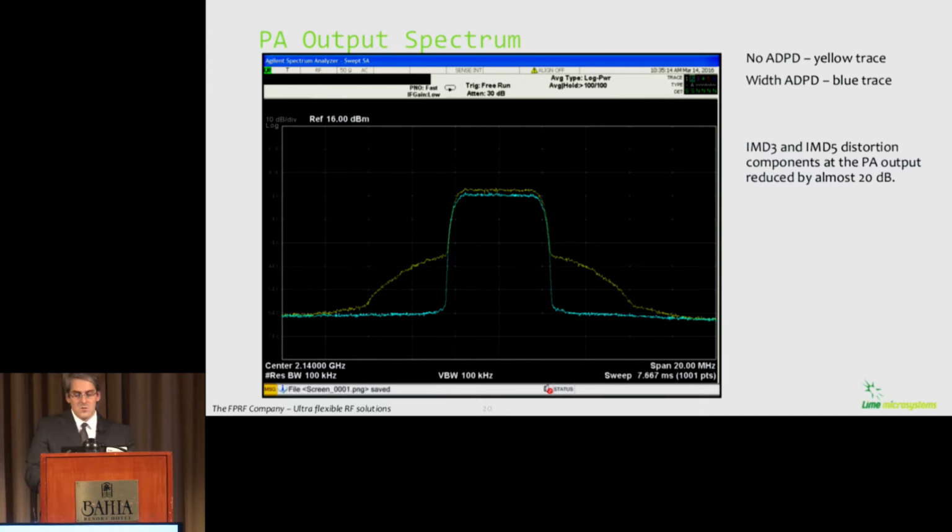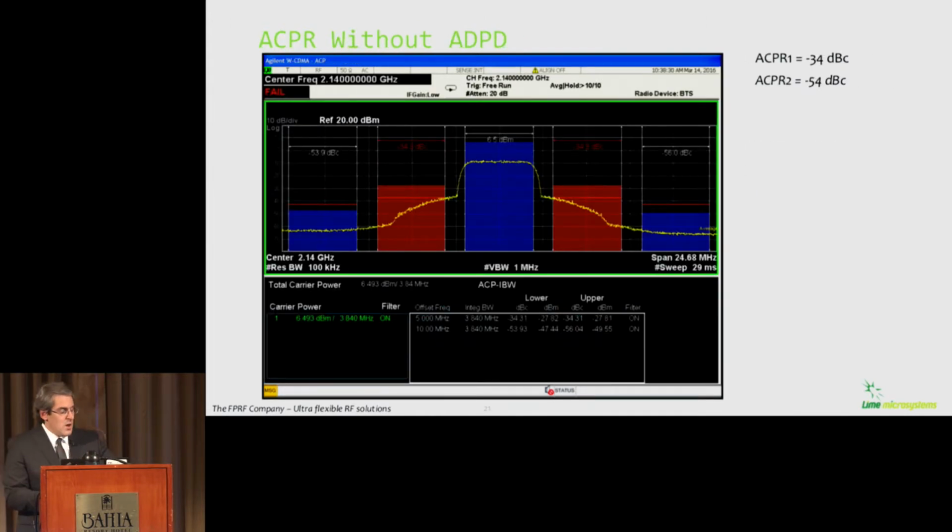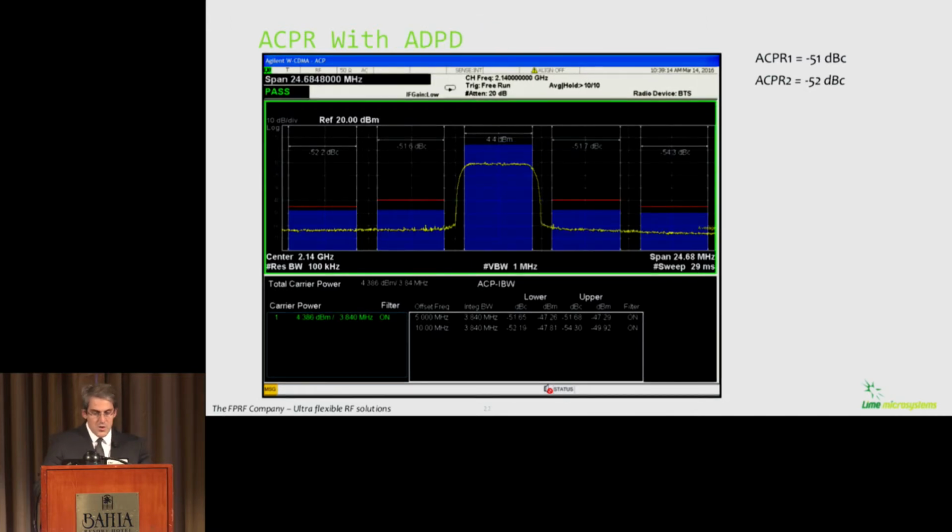As you can see, IMD3 and IMD5 distortion components at PA output can be reduced by almost 20 dBs. Without predistortion, we obtained ACPR of minus 34 dBc, and with predistortion, our result was ACPR of minus 51 dBc. Therefore, we obtained 17 dBc improvement in ACPR.